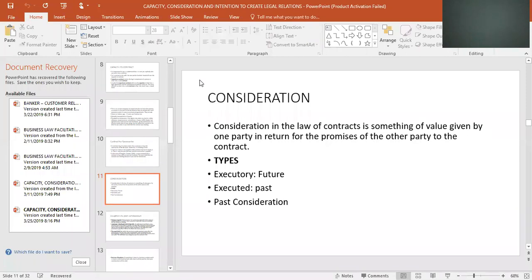What happens is that the promise or the consideration comes after a particular act has been performed. Let me use a scenario to illustrate what I mean.